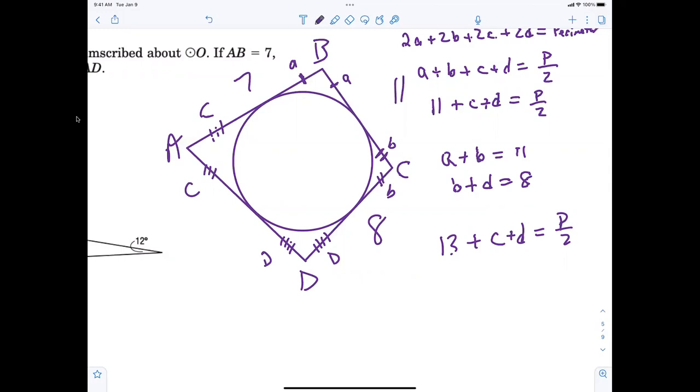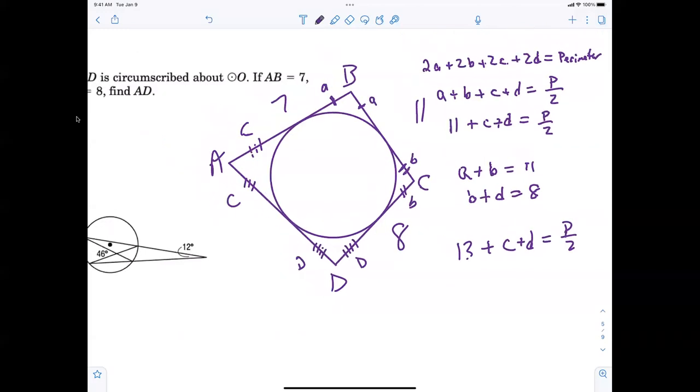Ooh, C plus D. Does C plus D equal 2? No. All right, anybody else have any ideas on that? C plus D can't be 2.